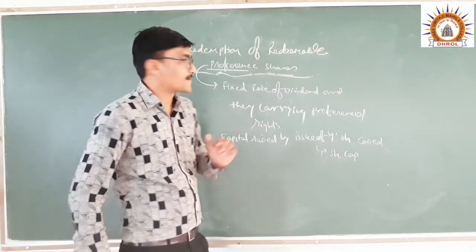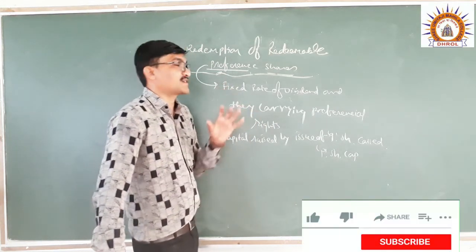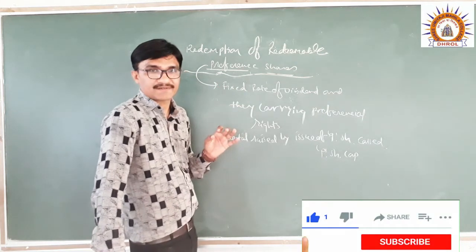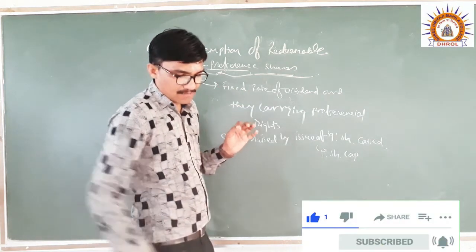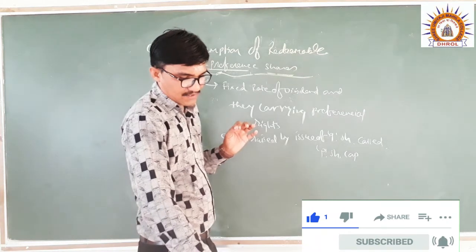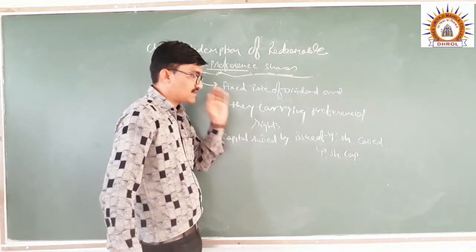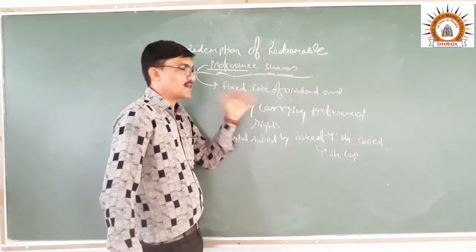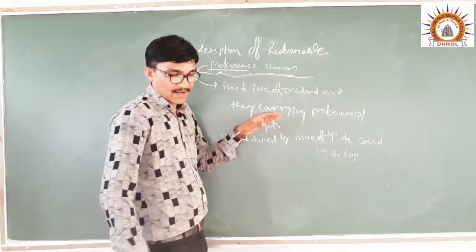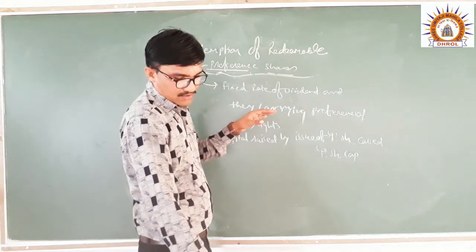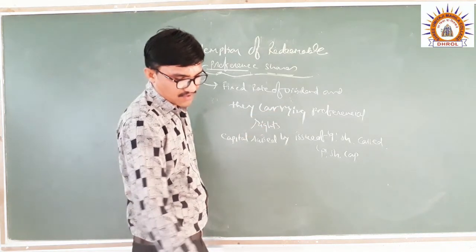See, the company can't purchase its own shares. If the company wants to redeem the redeemable preference shares, then there are partly paid up shares or the full amount of their shareholding.